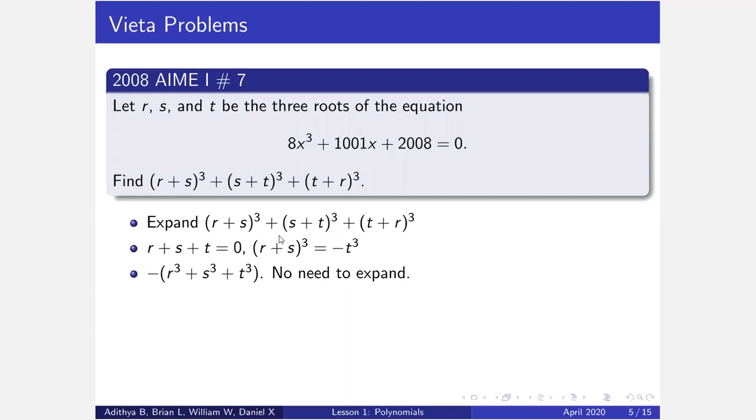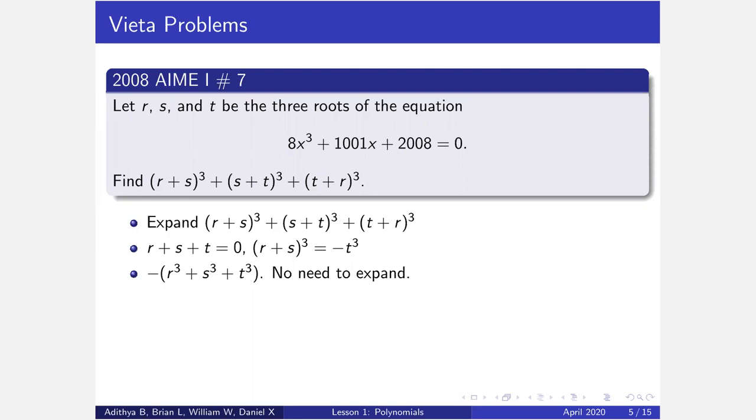This is a good idea, but we haven't learned Newton sums. A lot of people are saying to expand r plus s plus t cubed. This seems like a good idea, but it's going to get very messy very fast.